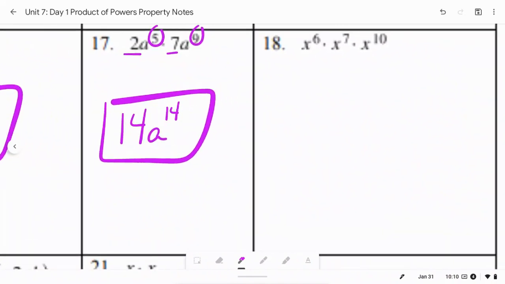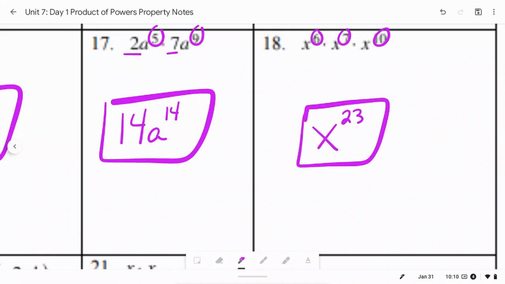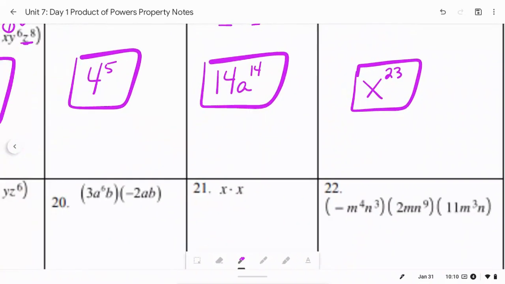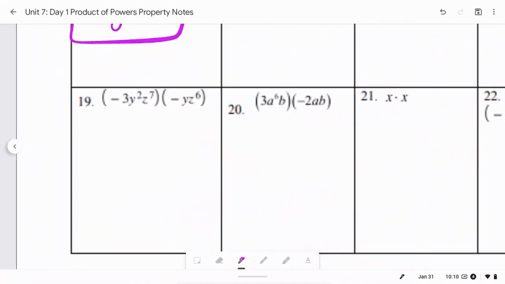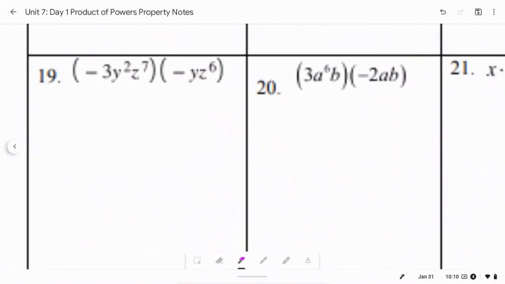18 is an easy one. All we have to do is just add all those exponents. So 6 plus 7 plus 10 is x to the 23rd power. All right, let's try a few more examples, and then hopefully you'll be feeling more comfortable with multiplying terms with exponents. So in 19, make sure you put an exponent of 1 with the second y, and then there's a -1 coefficient in that same parenthesis.